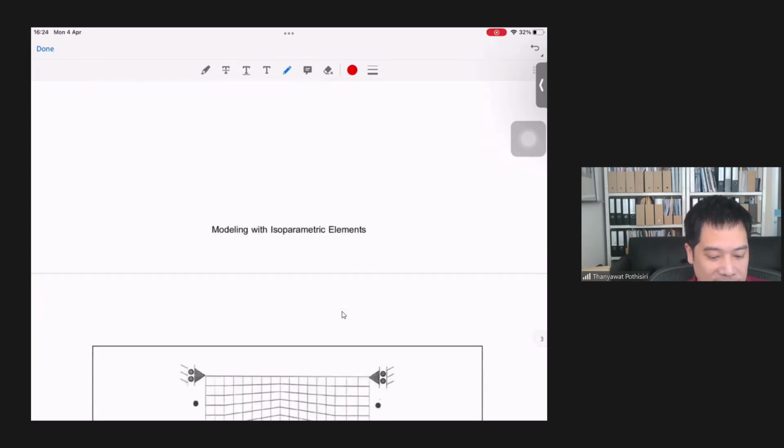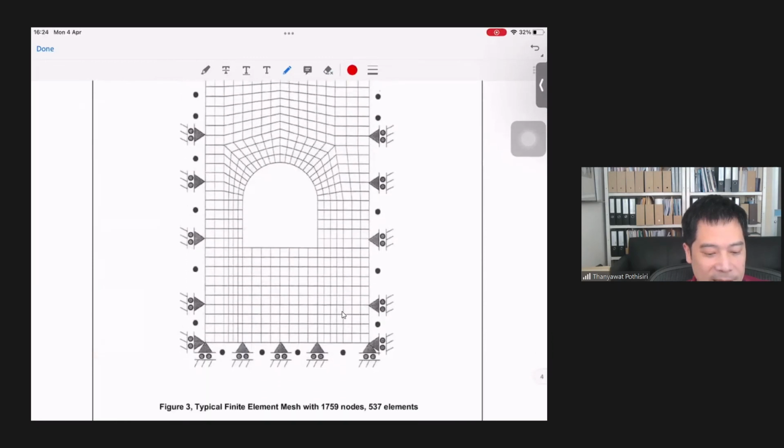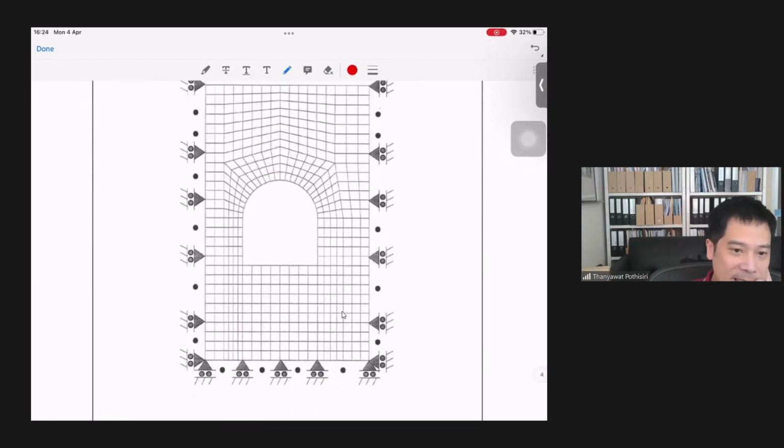And this is an example of the mesh that you can create. Okay.